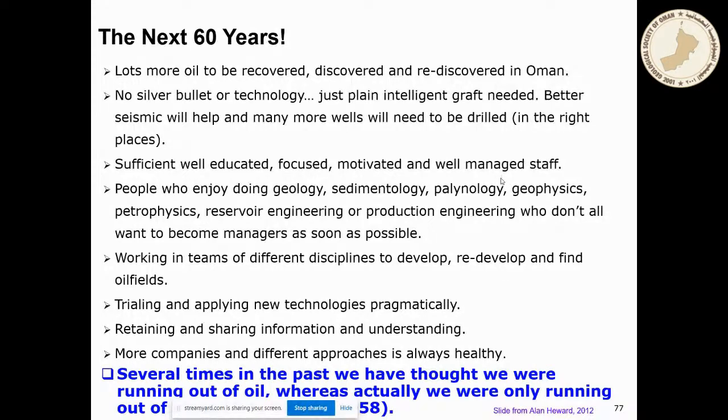On many occasions in the past, we thought that oil in Oman was running out, but we always add more volume and reserves into our books, and therefore, inshallah, oil will last, and hydrocarbon overall in Oman will last for decades to come, and it will always be in demand, inshallah. But again, it needs very good geologists or geoscientists and engineers to do the proper work.